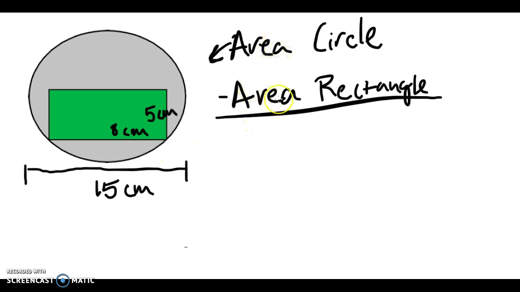Let's start with the area of the circle. In the formulas given in your book, we find that the formula for finding the area of a circle is A equals pi r squared, right?